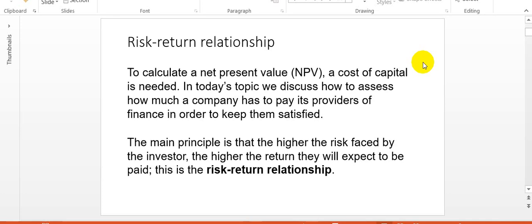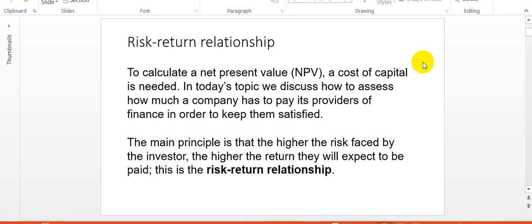And this cost of capital is also used in many aspects and tested in different areas of the syllabus, such as when you are computing the net present value of a project.